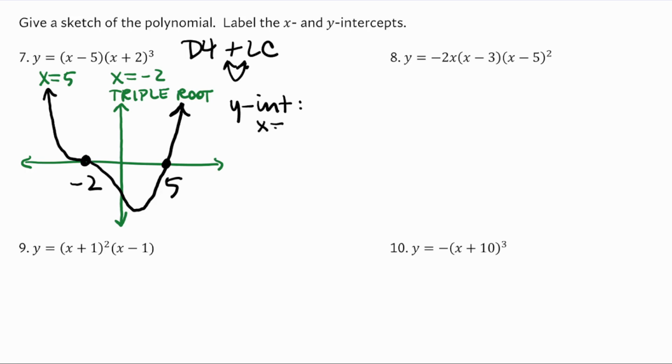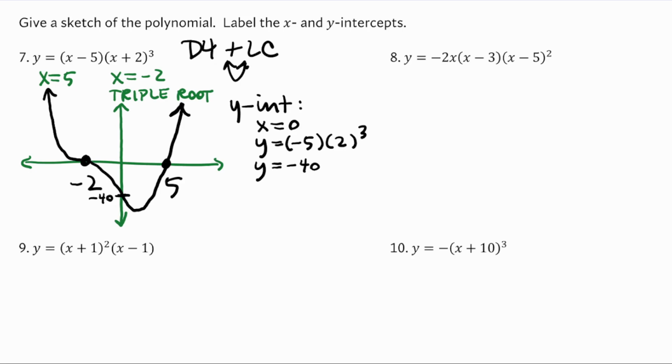So x equals 0, and y is going to equal 0 minus 5 multiplied by 0 plus 2 to the 3. So that's 2 to the 3 is 8, times -5 would be -40. So this is not really drawn to scale, but we can just label it like that, and now it is.